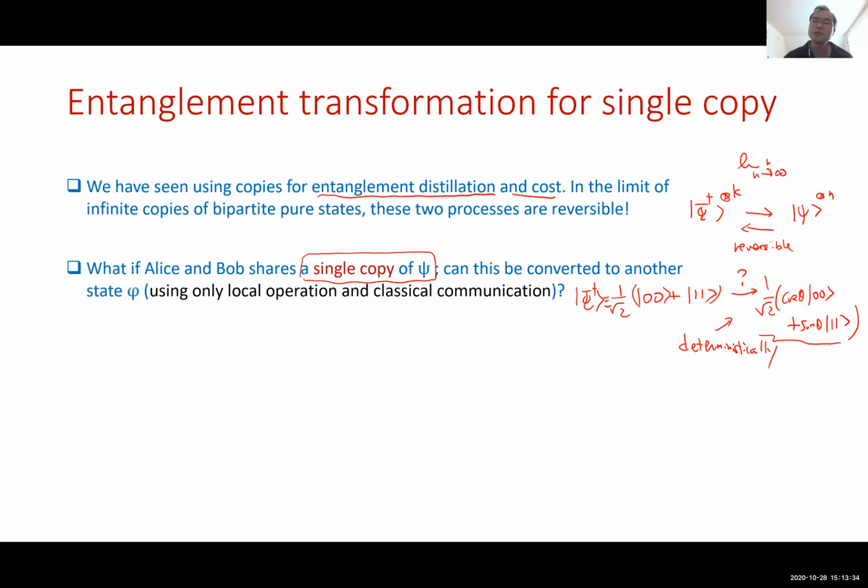And how do I know whether the process can be achieved or not? Maybe let me ask, who thinks this is possible, going from the Bell state to this less entangled state? Because if we think of the Bell state as a highly entangled resource, it should be natural to think I can do this process, but deterministically.